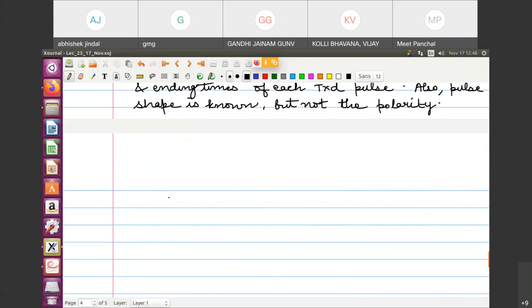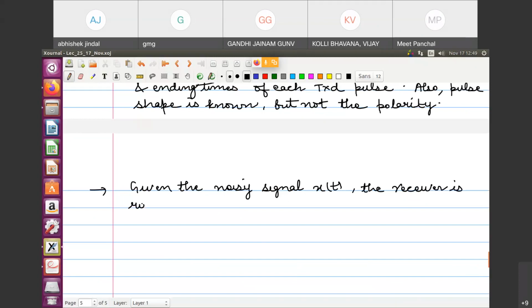ओके, सो द सॉल्यूशन इज, so let us say you are given the noisy signal x of t, the receiver is required to make a decision in each signaling interval.